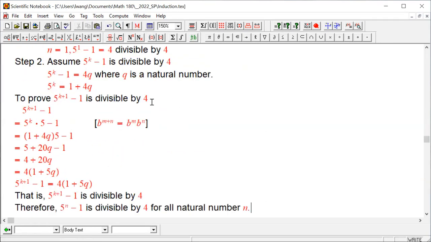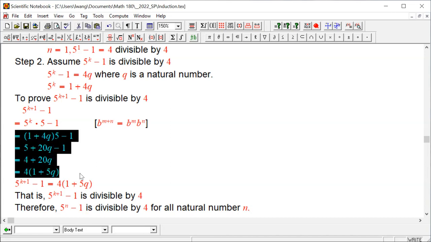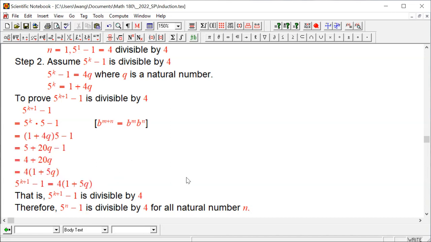Therefore, that divisibility has been proved. You can see it does take some algebraic manipulation, but it's not too far off, right?